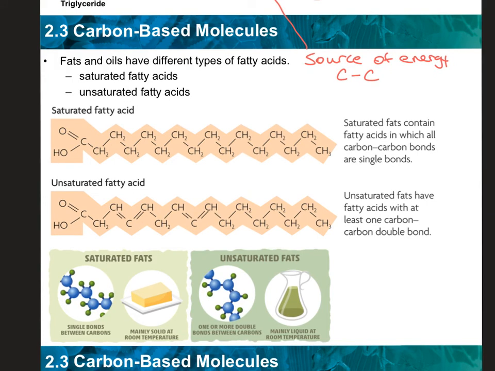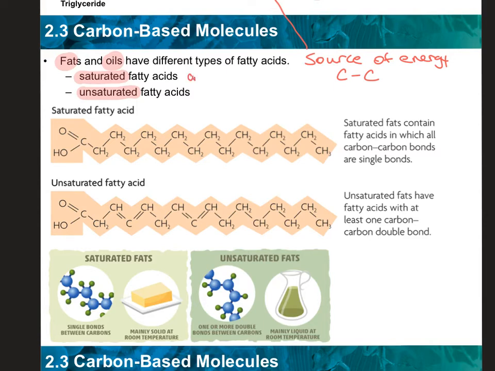Now, lipids can be classified, the ones that I'm talking about that we use for energy, as fats and oils. They can be saturated or unsaturated. And you've probably heard that before, like saturated fats, unsaturated fats. Saturated fats are bad for you, unsaturated fats are better for you, and things like that. So we're going to talk about that just a little bit.